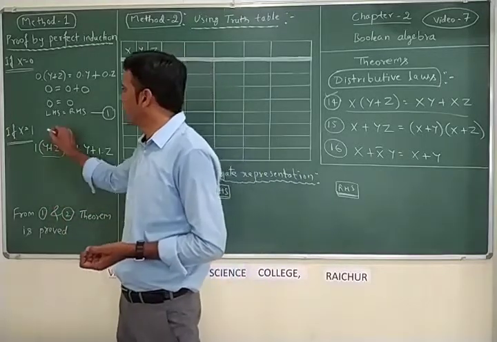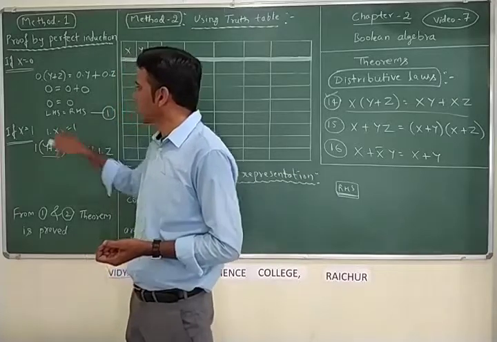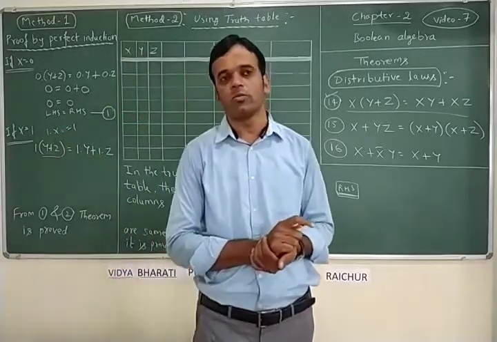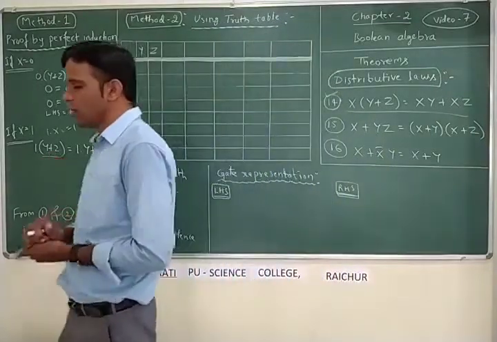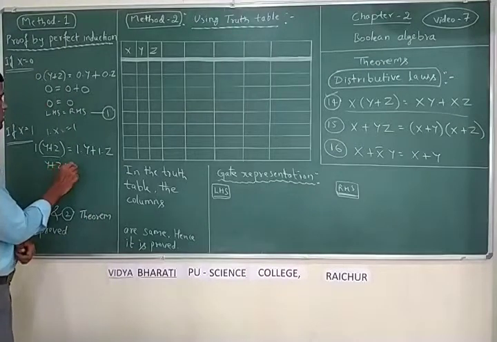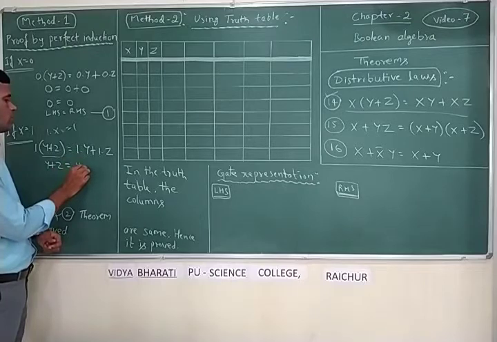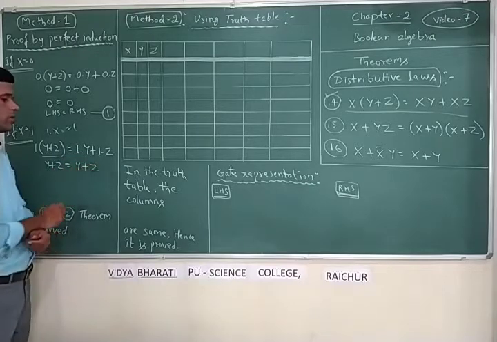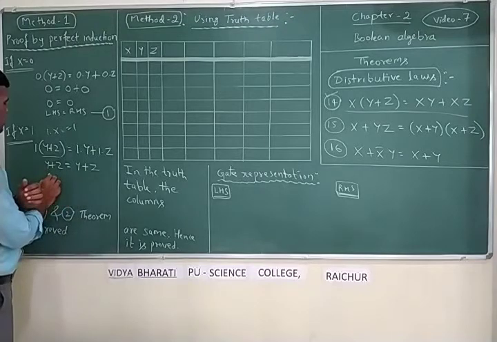Okay, so in that way 1 into x equals to x, we will use that one. So property of 1. So now 1 into (y + z) on the LHS is y + z, equals to 1 into y is y plus 1 into z is z. So LHS is equals to RHS.